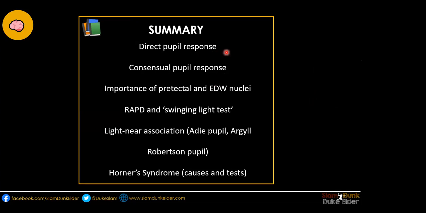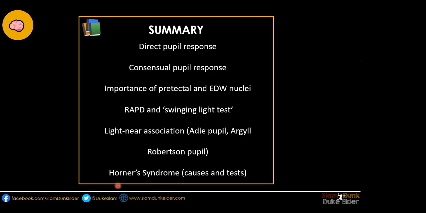Okay, so we've talked about the direct pupil response, the consensual response, the importance of the pretectal and Edinger-Westphal nuclei. We said what an RAPD is and how you would diagnose it. We've also briefly mentioned the causes of an RAPD from retinal and optic nerve disease. We've talked about light-near dissociation and how that corresponds to an Adie's pupil and an Argyll-Robertson pupil.